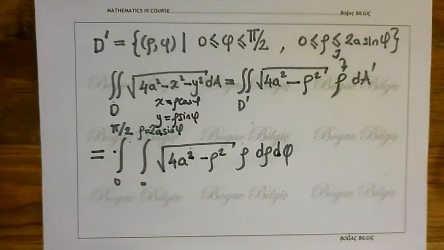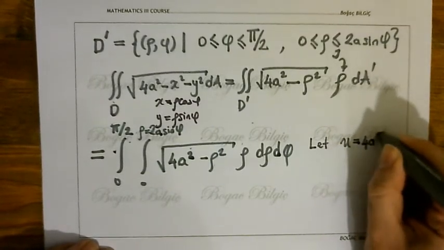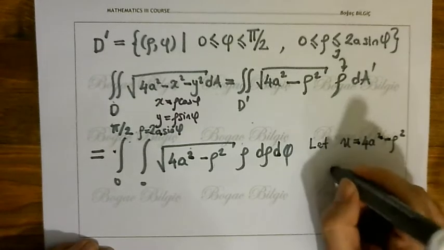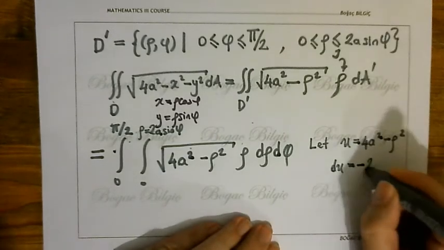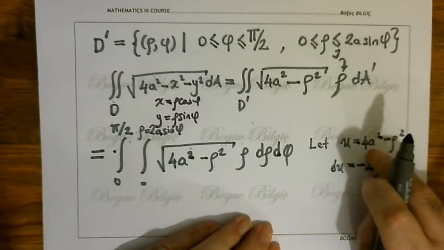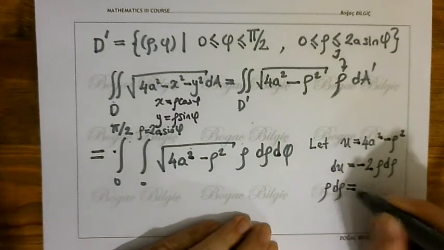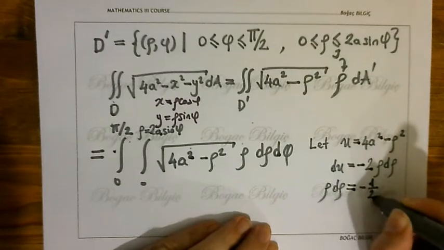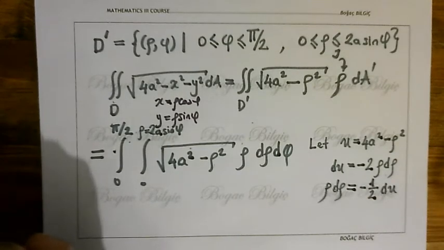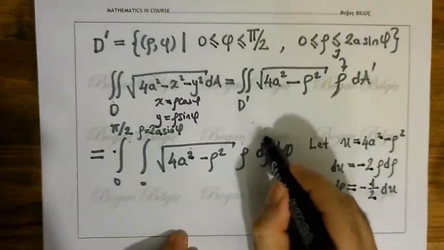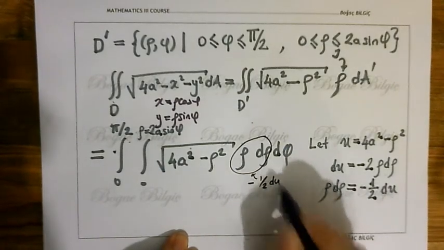Now let u = 4a² − ρ². du is −2ρ dρ. This is constant, and ρ dρ is −1/2 du.